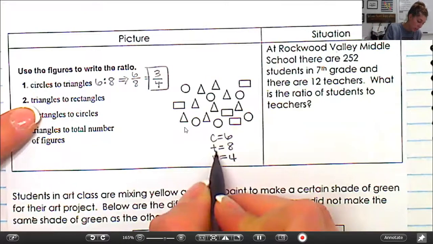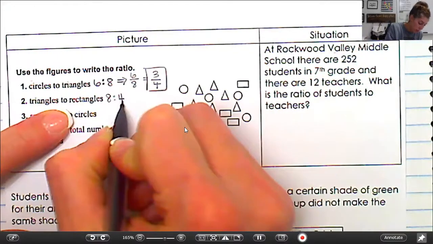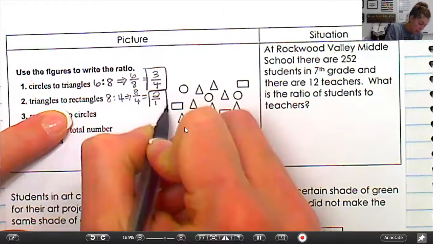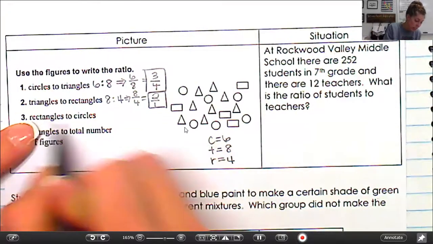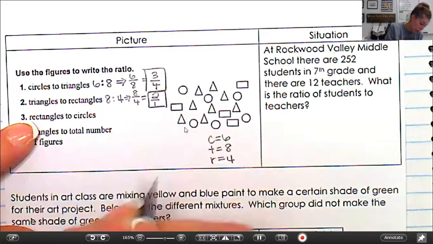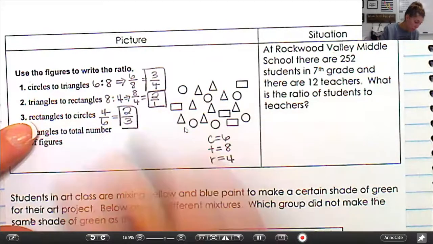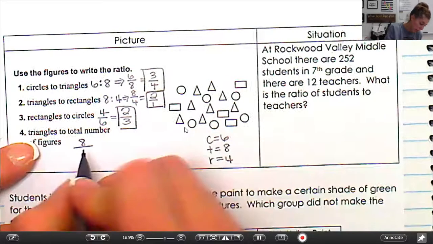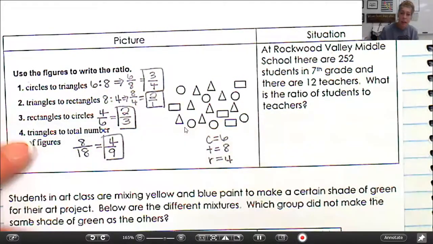Triangles to rectangles, triangles is 8 to rectangles 4. 8 to 4 or 2 to 1. And I'm going to leave it as 2 over 1 because it's a ratio of 2 shapes, and I want the 2 numbers there. Rectangles to circles, 4 over 6 or 2 over 3. And then triangles to the total, 6, 4, 8, that's 18, or 4 ninths, okay?